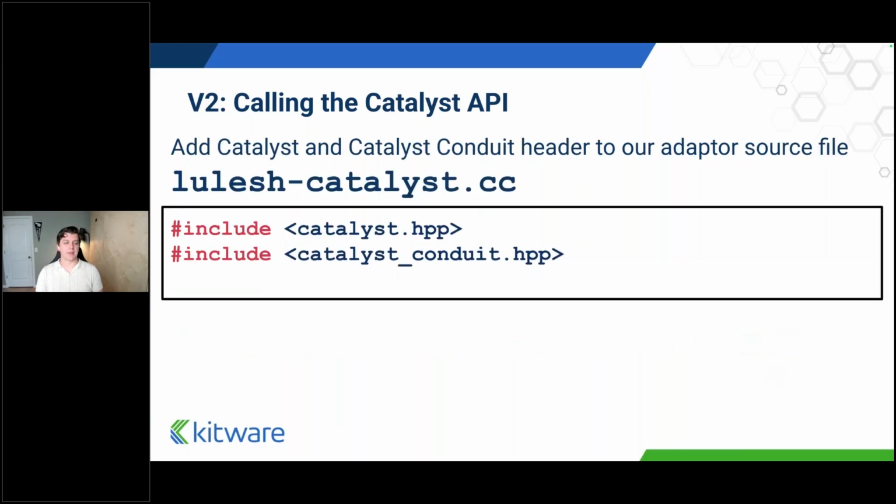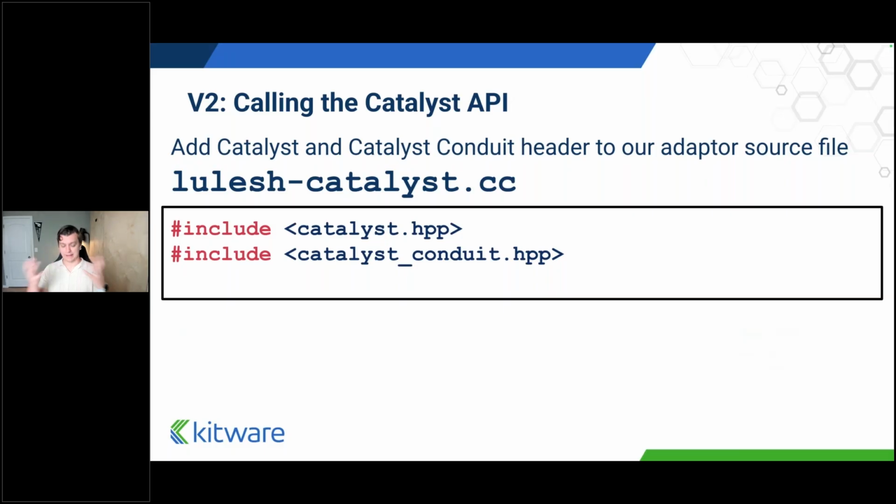Great. So now that we have Catalyst brought into our simulation build space via CMake, we have access to Catalyst headers. Here, we're going to move back to our Lulesh Catalyst adapter code. In our source code, we're going to include catalyst.hpp and catalyst conduit.hpp.